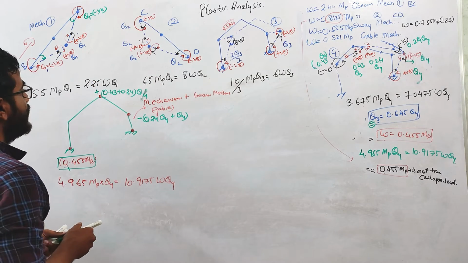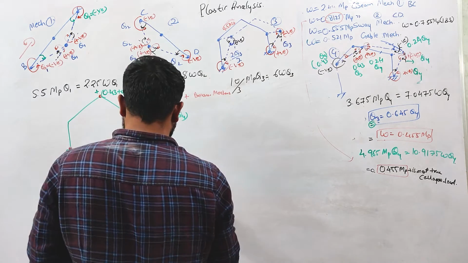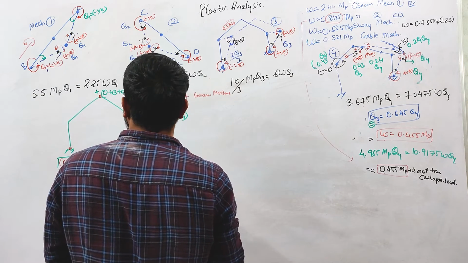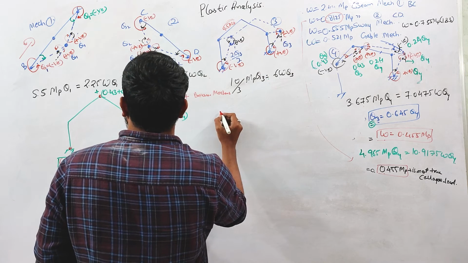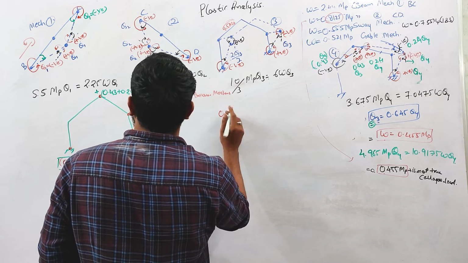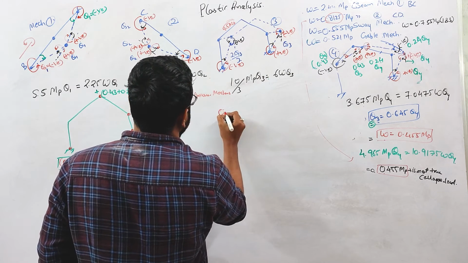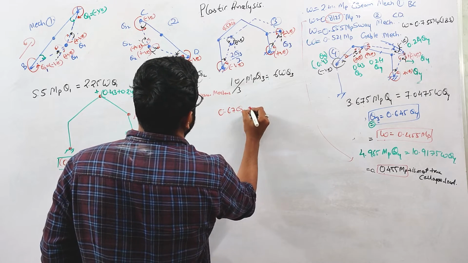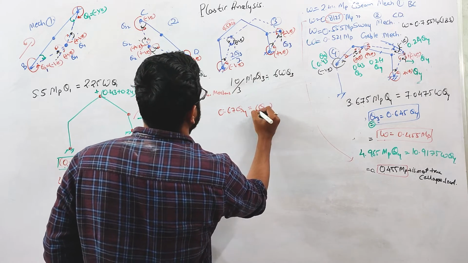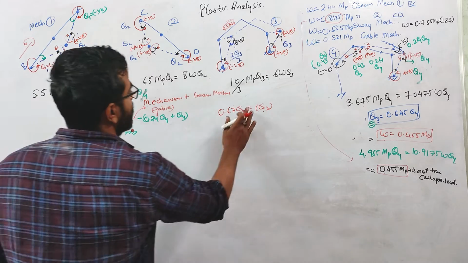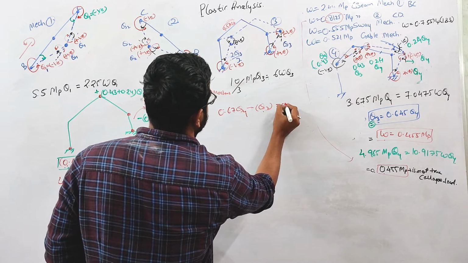So for the cancellation of the hinge, one condition should be satisfied: 0.43 plus 0.24 is basically 0.67 theta 4, which should equal theta 2. Or you can say that the net rotation, theta 2 minus 0.67 theta 4, is equal to 0.